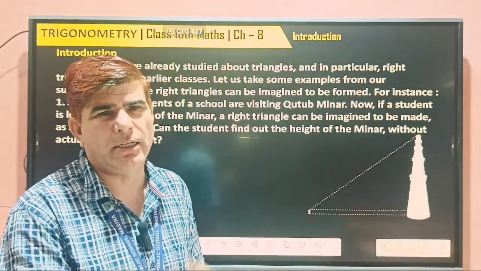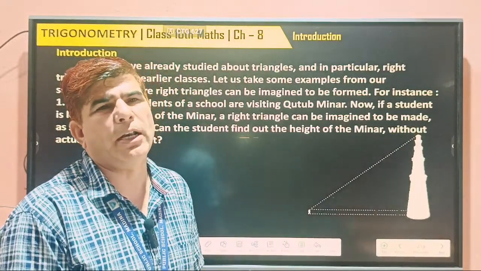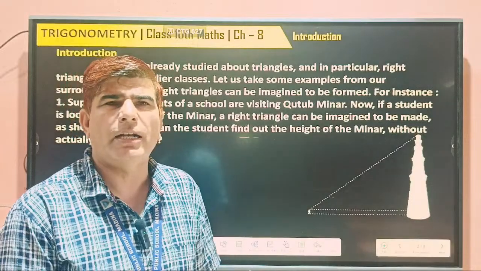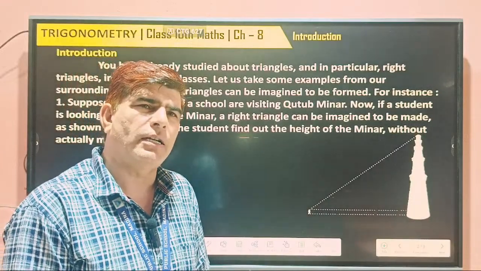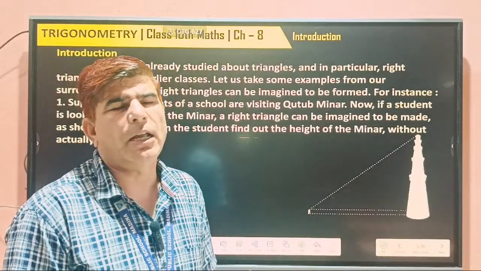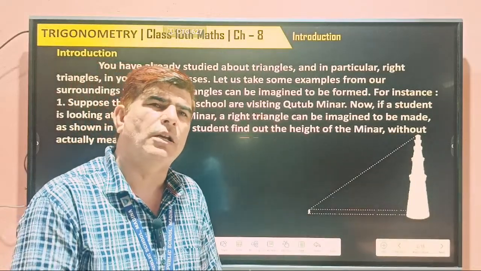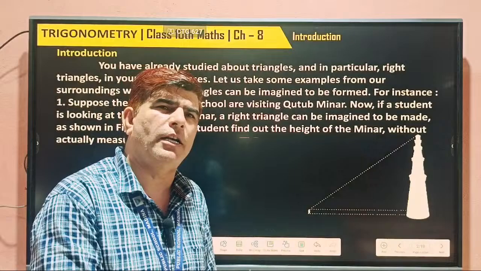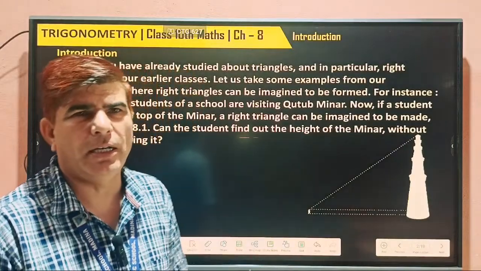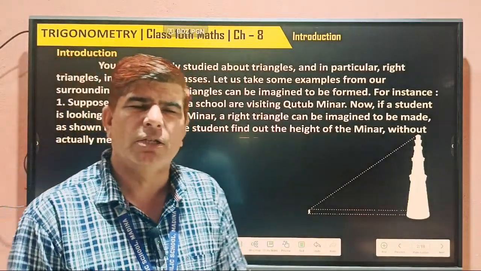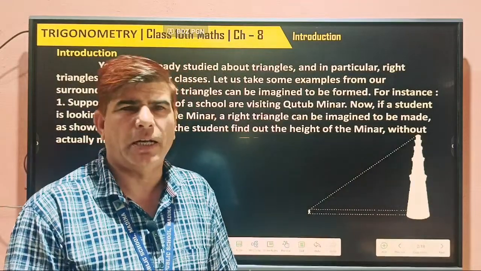Second one, right angle triangle. If one angle of a triangle is 90 degrees, then that triangle is known as a right angle triangle. What is the third type of triangle according to angle? Obtuse. If one angle is more than 90 degrees and less than 180 degrees, then that triangle is known as an obtuse angle triangle.